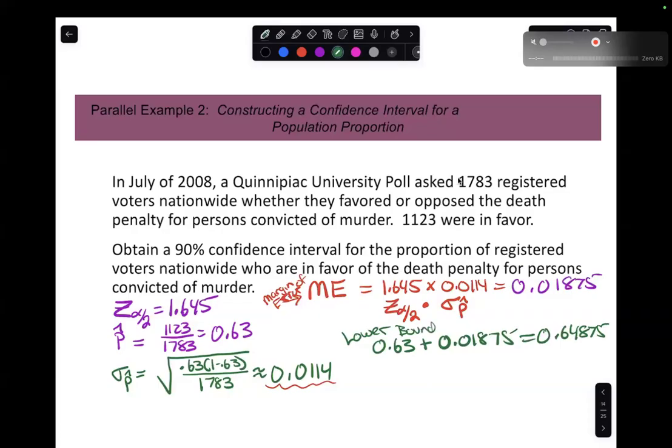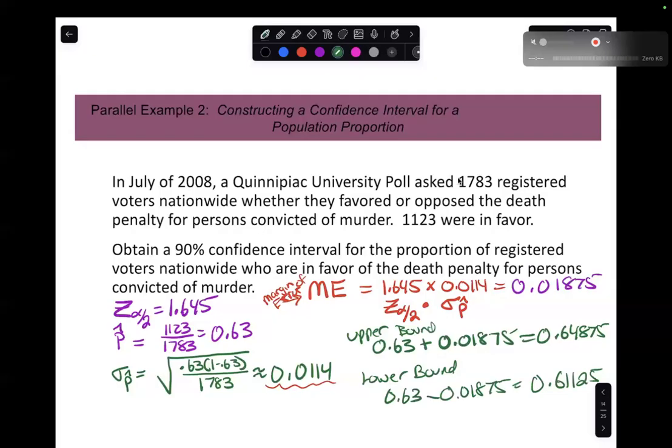And then this upper bound: minus 0.01875. 0.6188. This is so much better.